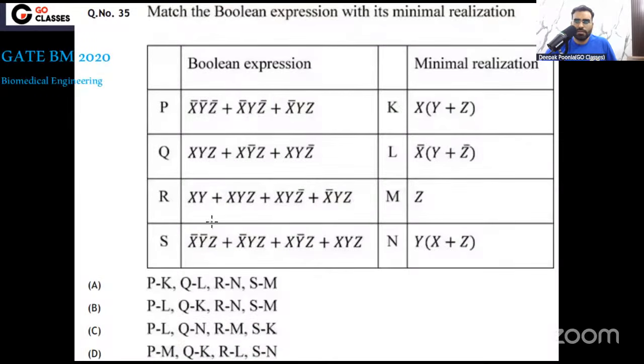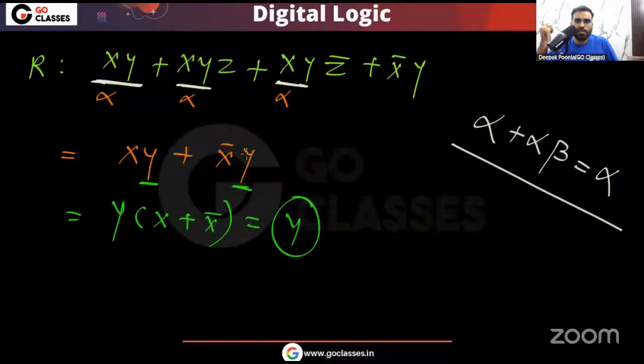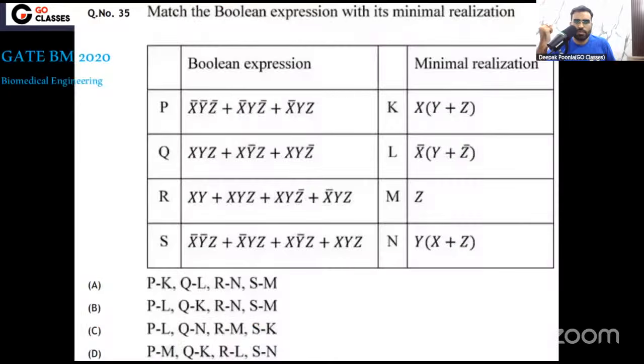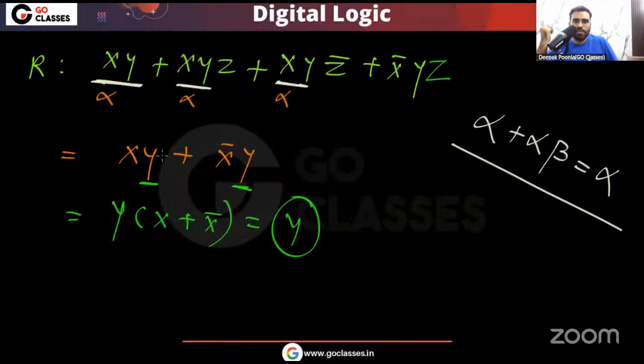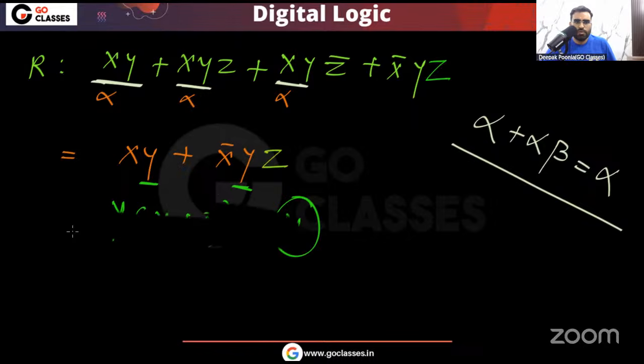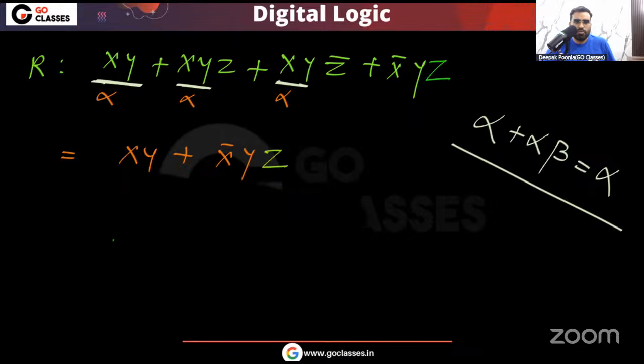R is XY or XYZ, XYZ bar, so it will be XY or X bar, sorry, X bar YZ here. Okay, sorry, I think I made some mistake. So here you can see X bar YZ. Okay, so here I will get XY or X bar YZ. Just a small mistake we made.